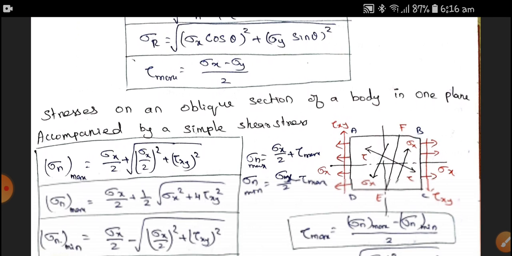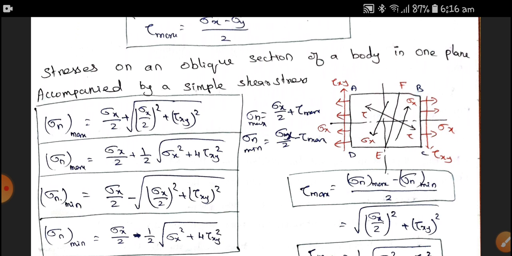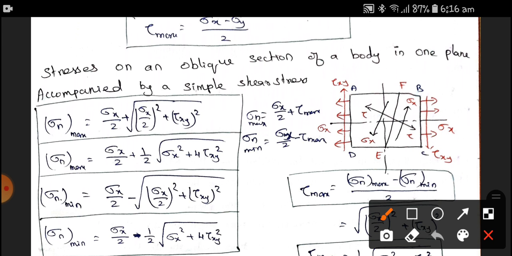Here the maximum shear stress is equal to sigma x minus sigma y by 2. And the third condition is stress on an oblique section of a body in one plane accompanied with a complementary shear stress. Here is a new condition that the oblique section of the body is subjected to both normal stresses as well as shear stress.